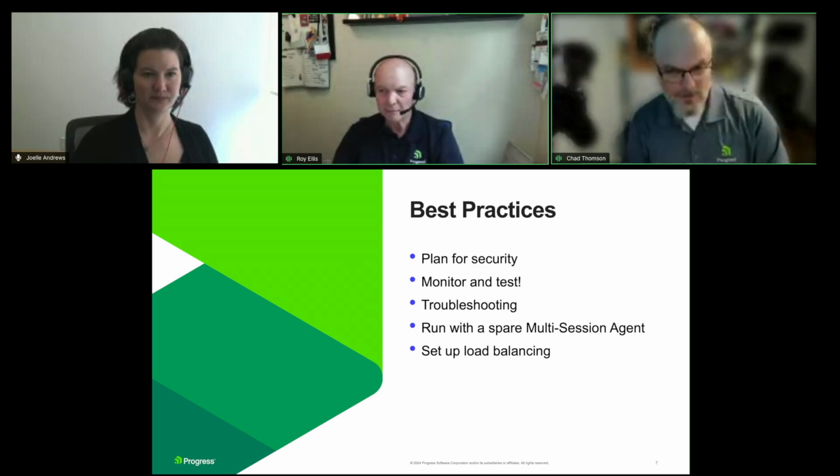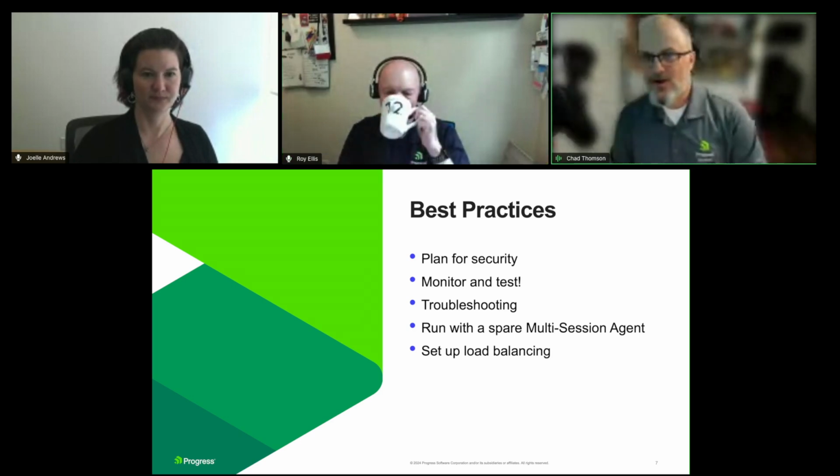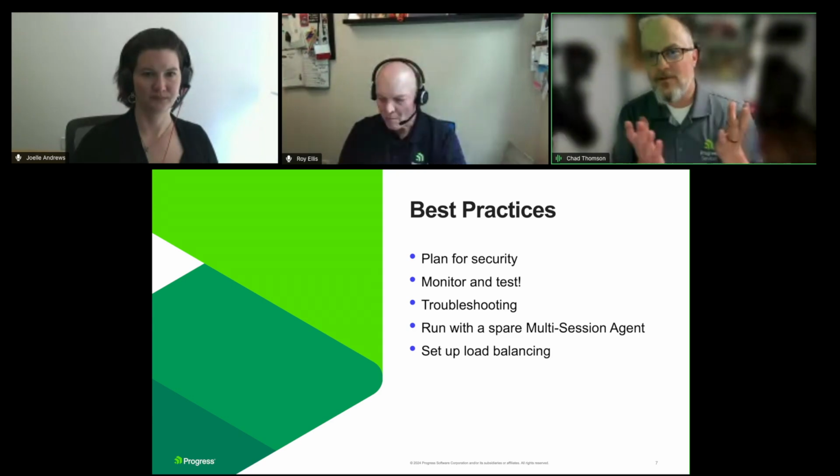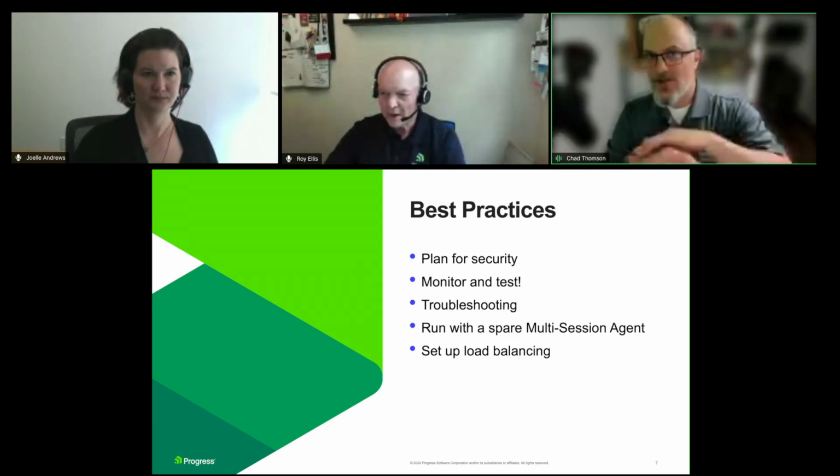Yeah, I do. There's a little more color we can put onto that. If your choice is I can't change any code at all, then okay. The goal is to have as many sessions per agent as you can, and having one agent. However, your operating system is going to tell you when you can't put any more sessions on that agent. All right, that's my indication to spin up a second agent.